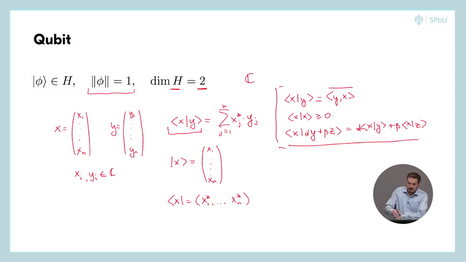And now we can understand this notation for the dot product. So here we have bra for x, and here we have ket for y, and it is a row of conjugates multiplied by a column.